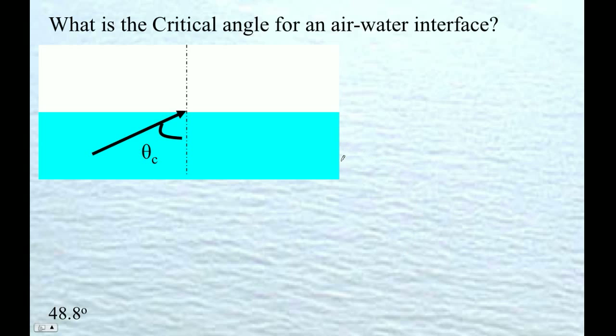Okay, so let's figure out the critical angle for an air-water interface. This one here is 1.33, that's N1 basically, and N2 is going to be 1.00. I just go N1 sine theta 1 equals N2 sine theta 2, only we set it up here.